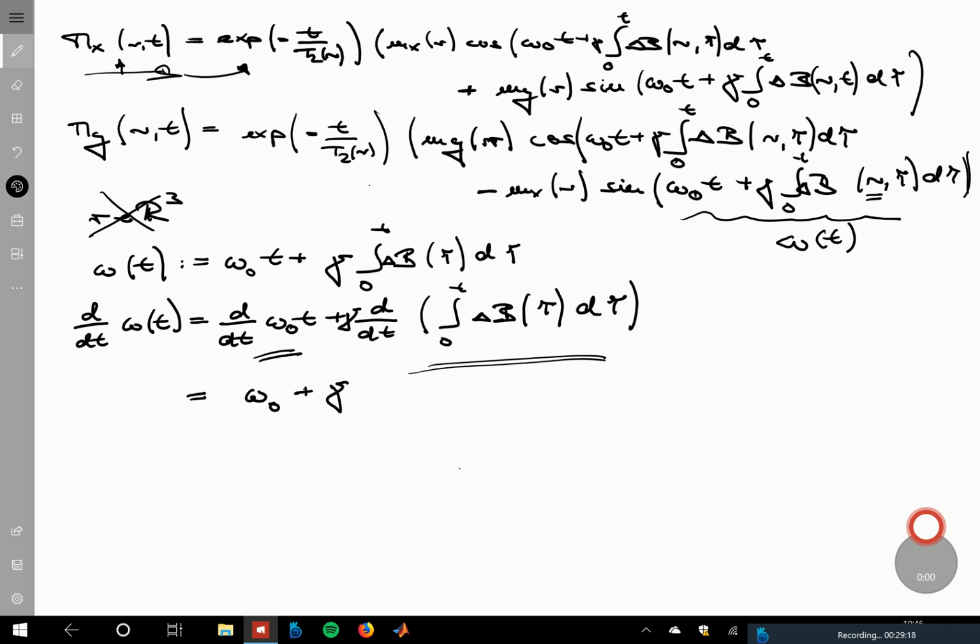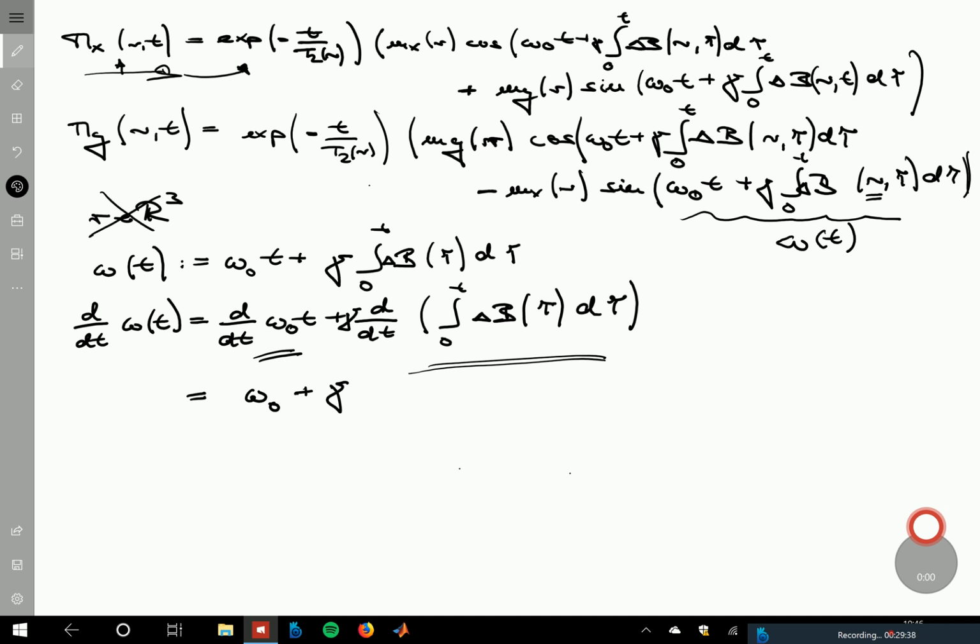So the intuitive way to see this is that this integral from 0 to t, sorry, of delta b t, or tau in this case, because we need an integration variable, is the antiderivative, Stammfunktion, of the function delta bt. Yeah.